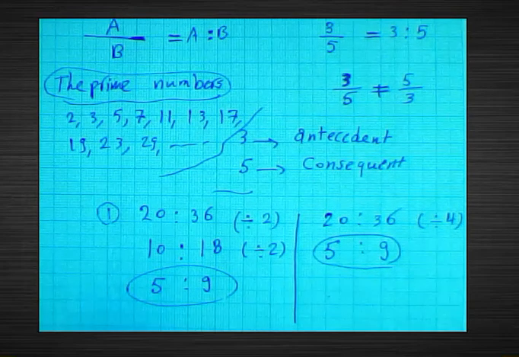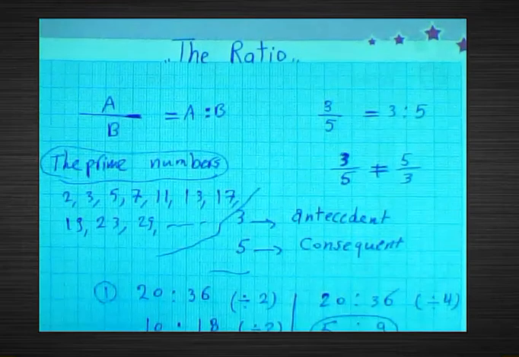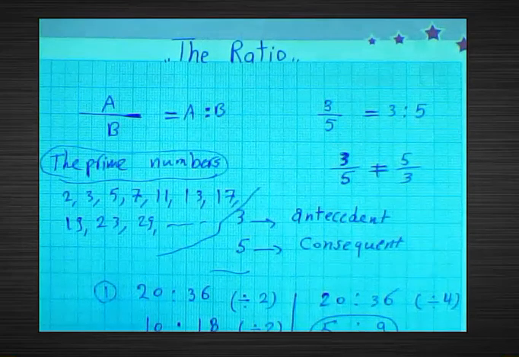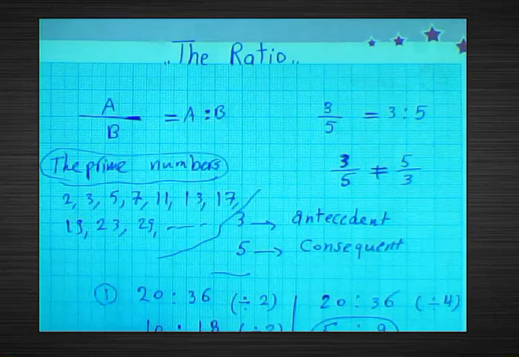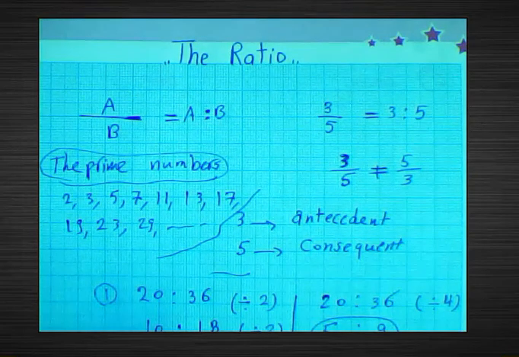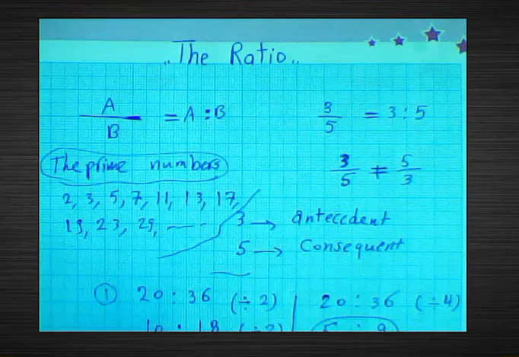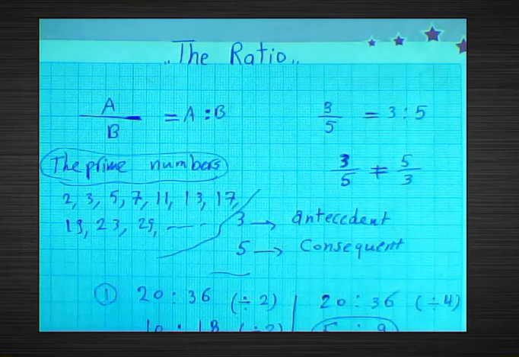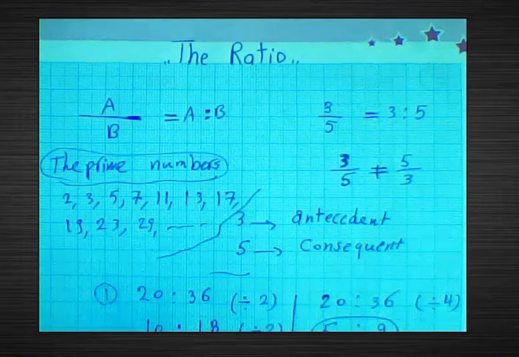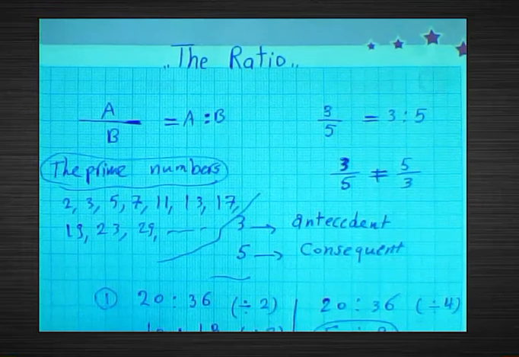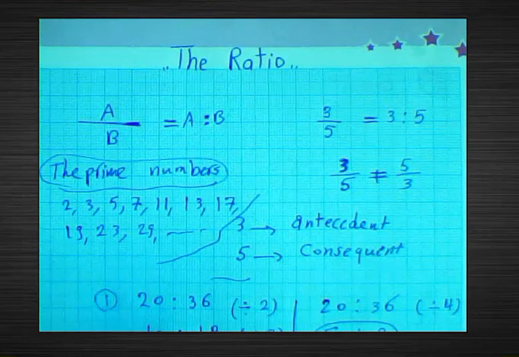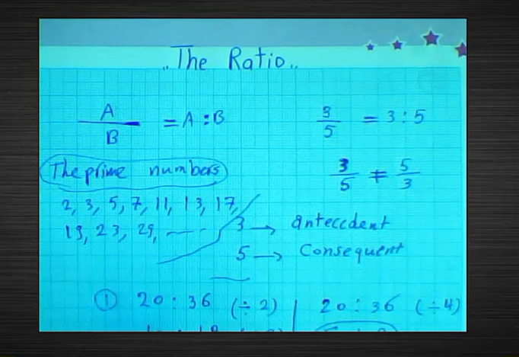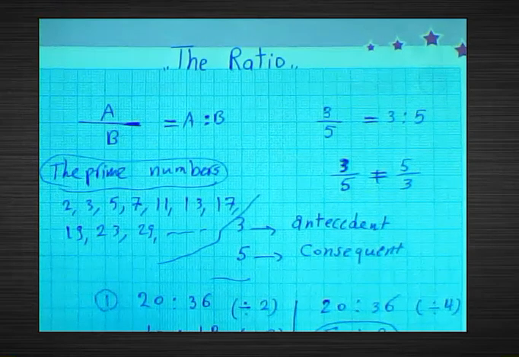It was the first lesson about the meaning of the ratio. Another time, we will have a lot of questions about the ratio, and you must write them with me in your notebook to solve any problems about that, such as a decimal number or a mixed number, improper. We will have these questions another time.